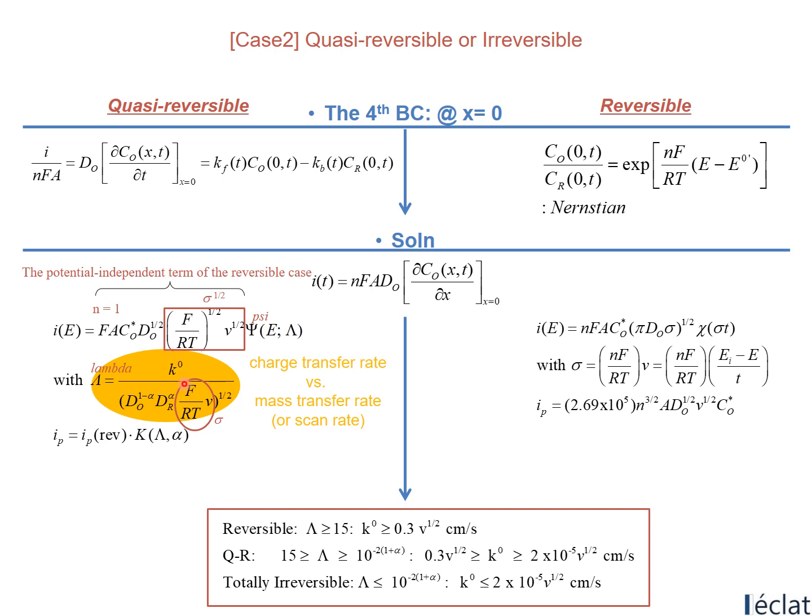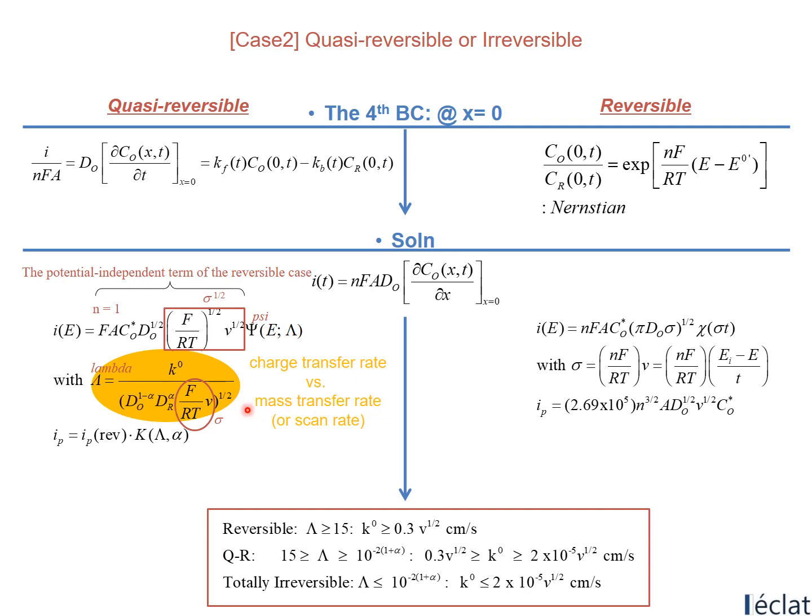And the other thing is diffusivity. Alpha is usually assumed to be 0.5, and the root square of the product of diffusivity of oxidized species and reduced species here represents the mass transfer rate.